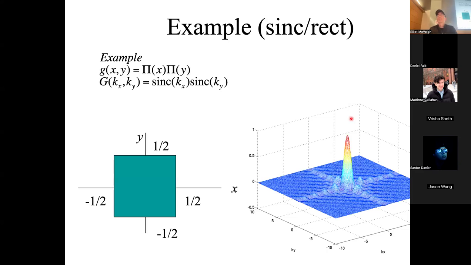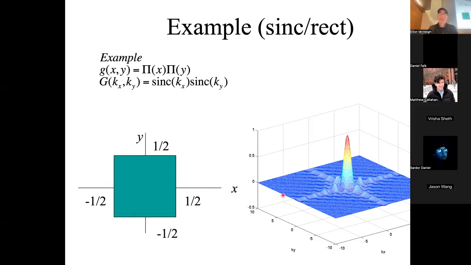You can prove by example to yourself that the projection slice theorem is true using some simple functions. This is a function we've seen before, which is the rect function, and it's 1 inside a unit square and 0 outside. If we project this function down this way, g(l,theta) looks like a rectangle.